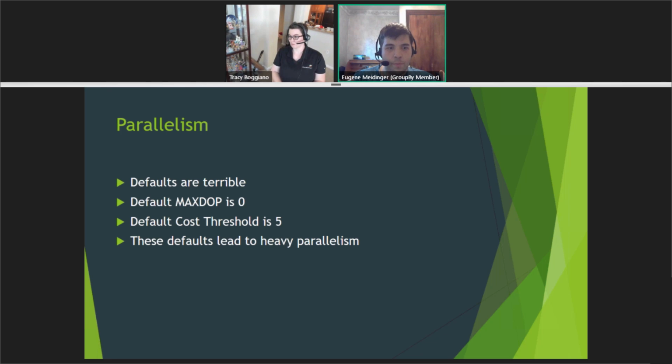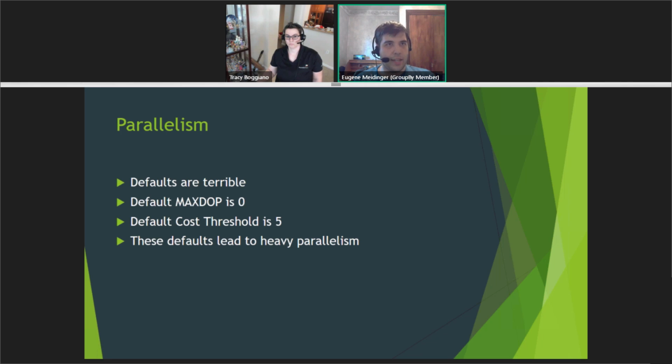And then cost threshold is set to 5. That's a measure of how expensive the query is to run, and it's measured in what Brent likes to call query bucks, because it's this arbitrary measure of how many seconds it took to run this query in 1997 on a Microsoft employee's desktop, right? So it's not a very meaningful number in and of itself.